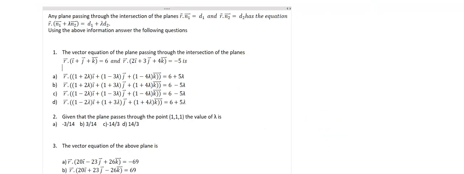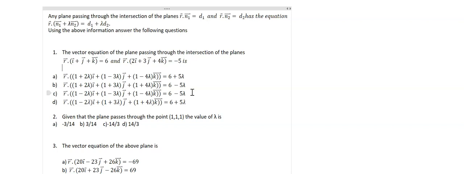Now from the given options we can see that option B is correct. Everything is positive and 6 minus 5 lambda, so option B is correct.